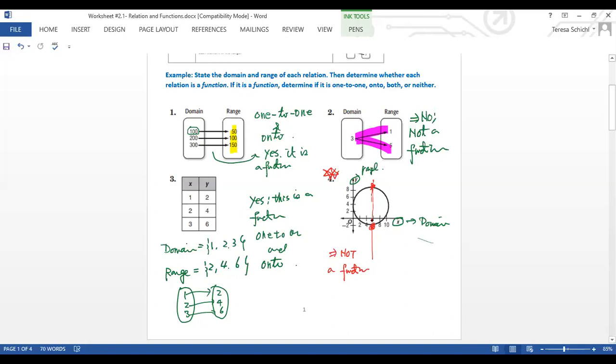And also, if the problem gives you a graph and wants you to decide whether this is a function, we call this the vertical line test.